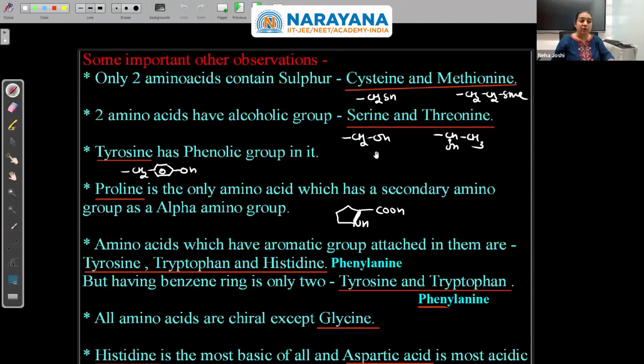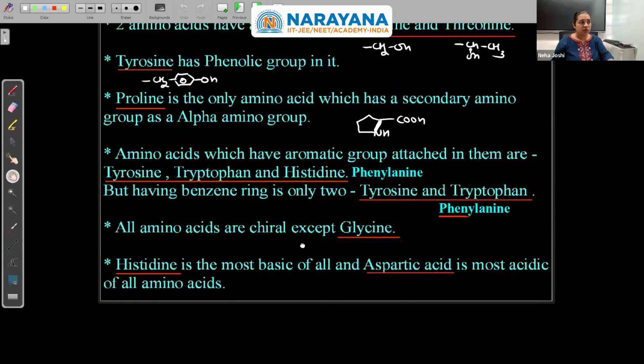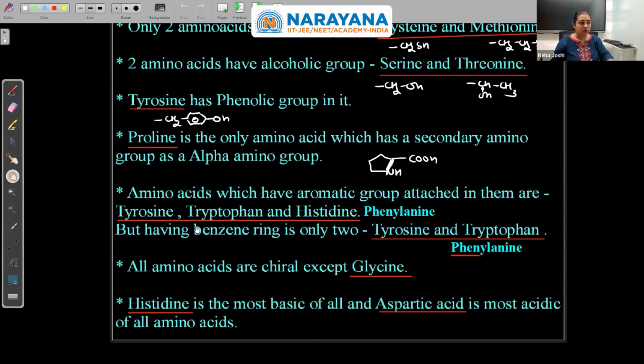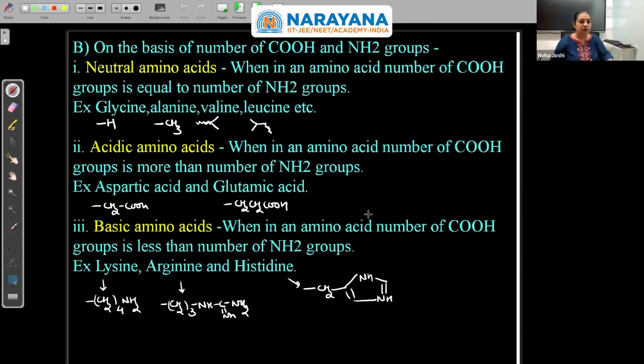Amino acids which have an aromatic ring attached are tyrosine, tryptophan, and histidine. Let us check all of these. Tyrosine, here the ring is aromatic. Tryptophan was benzene and then NH like this, right? One CH2 was also there in tryptophan.